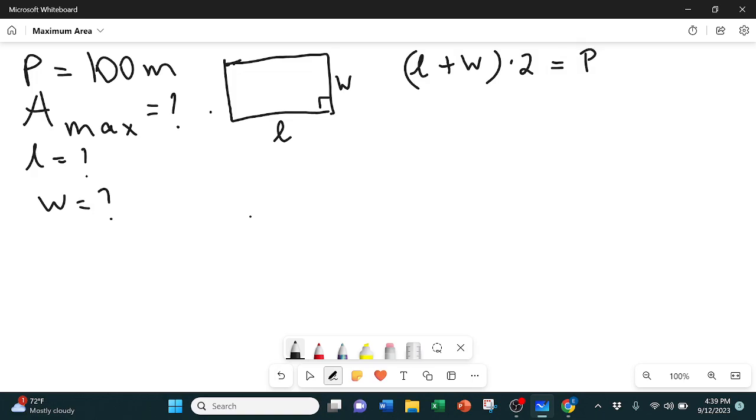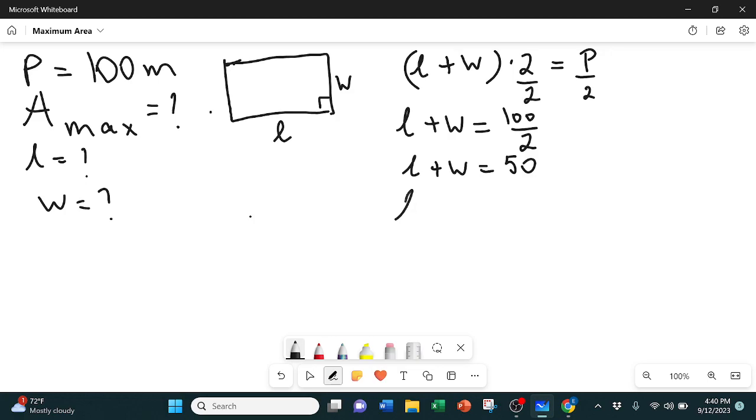If we divide both sides by 2, we have L plus W equals the perimeter, which is given as 100, divided by 2, so L plus W equals 50. So the length will be 50 minus W. This way, using the perimeter, we found one dimension, the length, in terms of the other, the width.